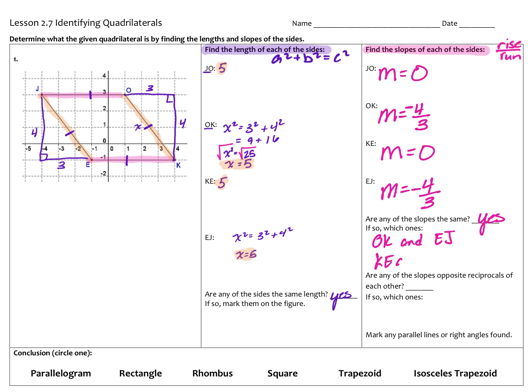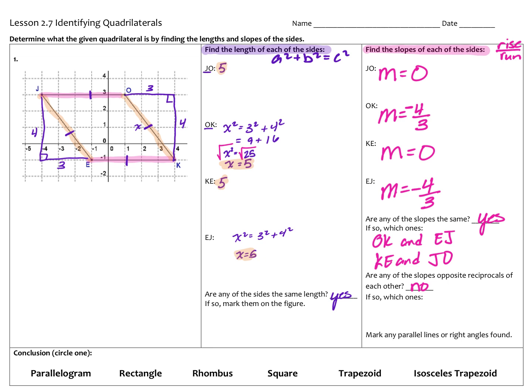KE and what? JO. Awesome. Okay. So are any of the slopes opposite reciprocals of each other? No. Okay.